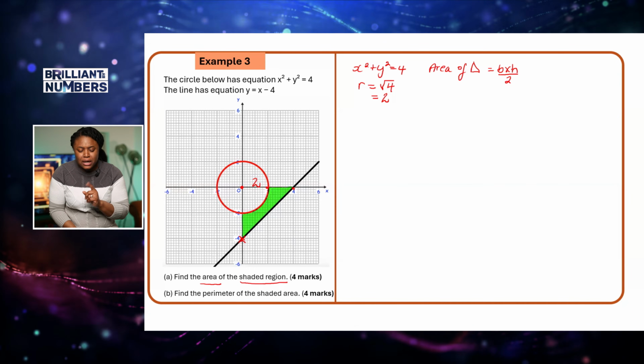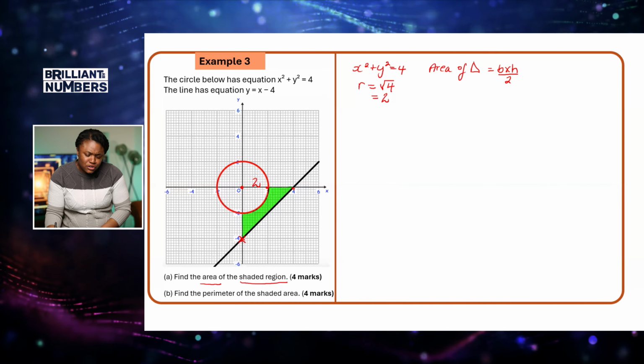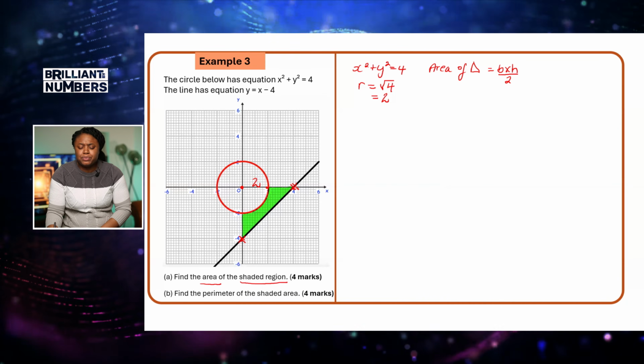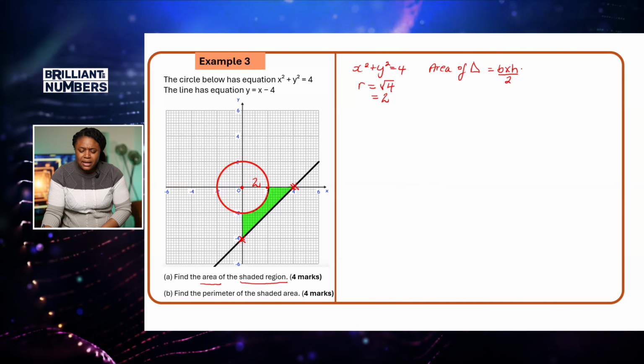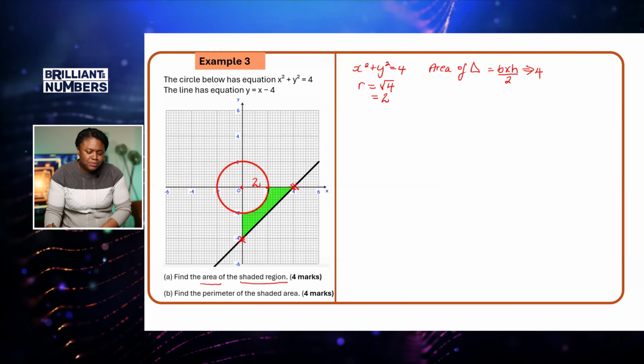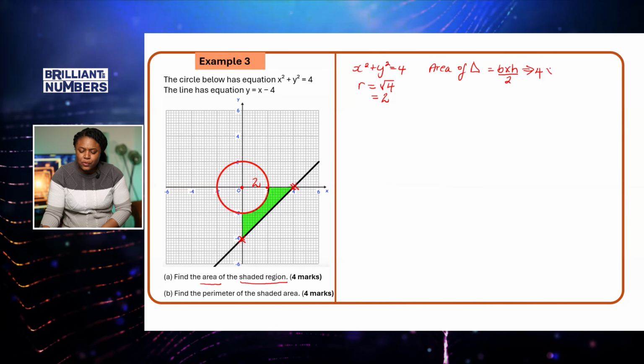It must form a right angle with the base. So from the origin to where the line crosses the x-axis here would be my base. I'm going to put that in. My base is 4, and my height would be from the origin to the y-intercept, which is also 4.